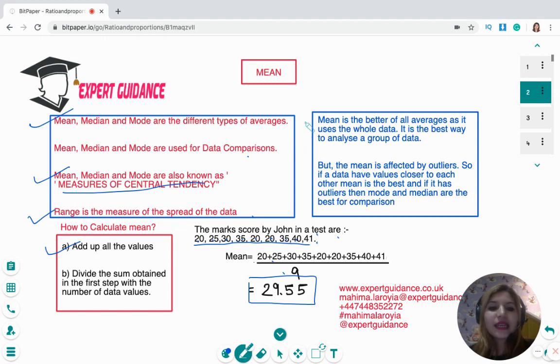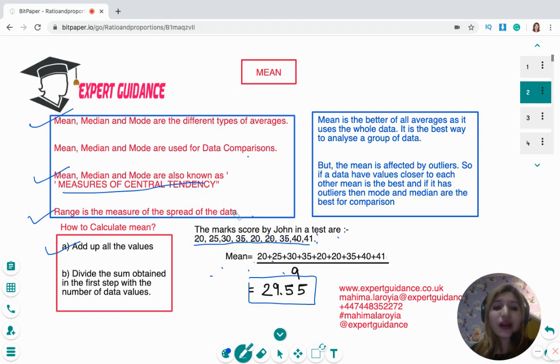Now, is mean a better way to compare the average? Mean is better than the other averages, which are median and mode, that we'll be discussing next, because mean takes into account the whole data set. So it is the best way to analyze a group of data. But the problem is that the mean is affected by outliers.